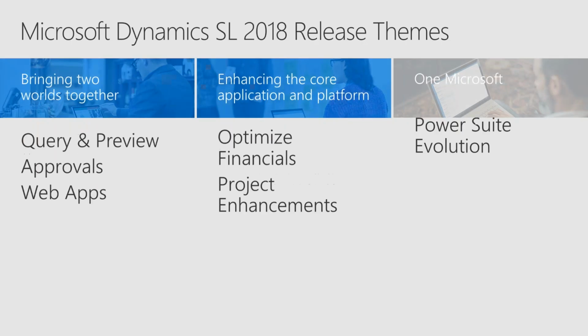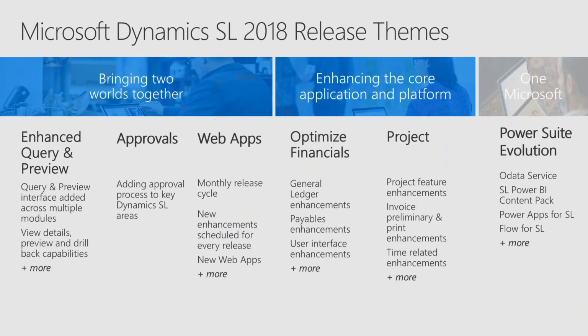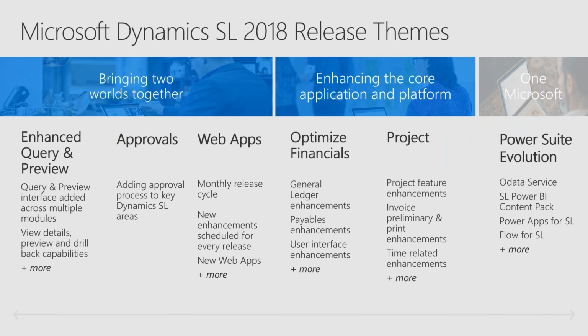Now let's talk about what those things are that we're going to have. Well, we just spent three quick demos on things around what we call the Power Suite evolution. Let's go to the next slide so I can tell you more about them. So we're continuing to do things around Power BI, Power Apps, and Flow, and you've seen examples of all three already.